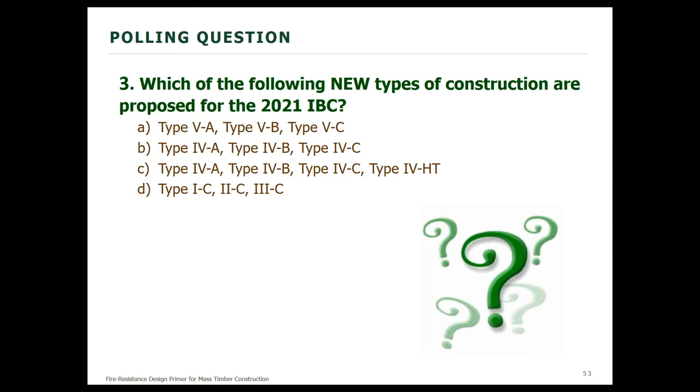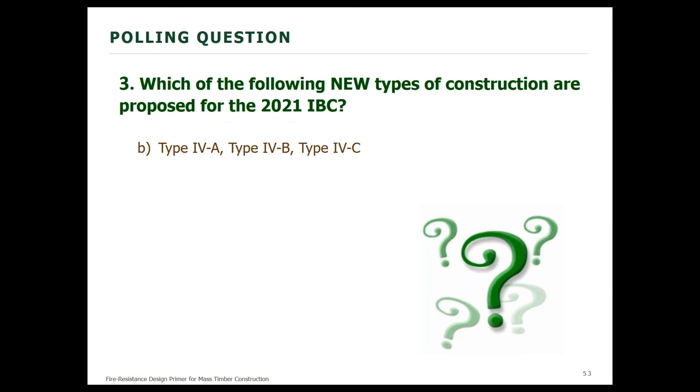It's only the title that changed for type 4HT. So if you were thinking maybe this was a trick question, we don't try to do trick questions, but you were thinking that they changed the title from type 4 to type 4HT and that it is included. So I'll give you a little bit of credit for that.